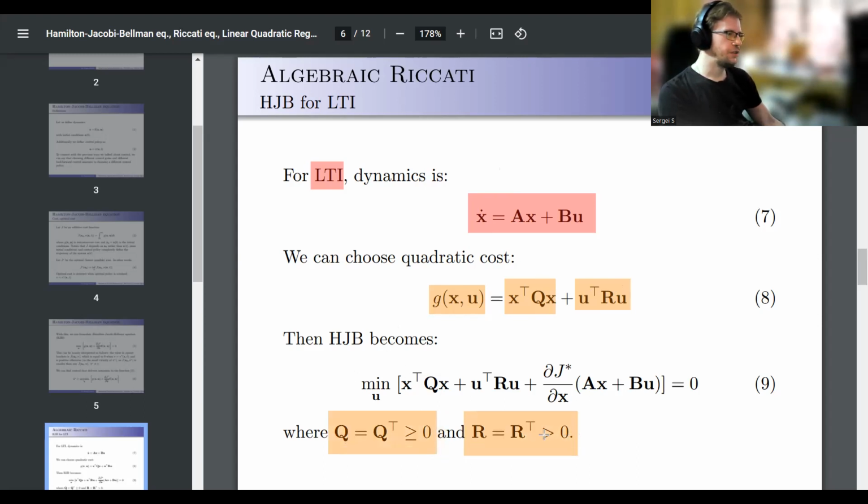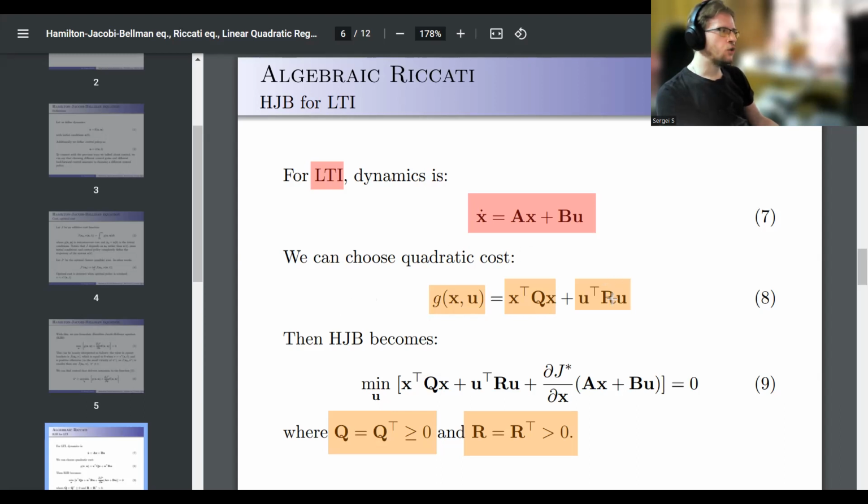In fact, Q can be positive semi-definite, so some eigenvalues of Q can be equal to 0 if there are some states for which we don't care at all. So there are some states, or combinations of states, whose going to 0 is of no consequence to us.